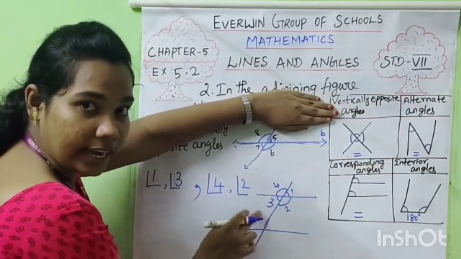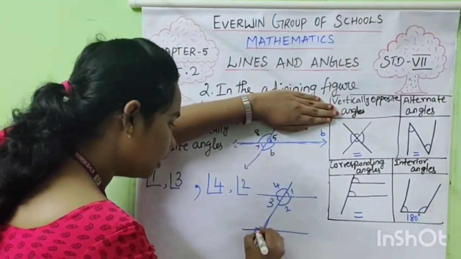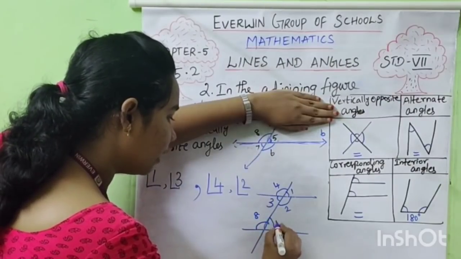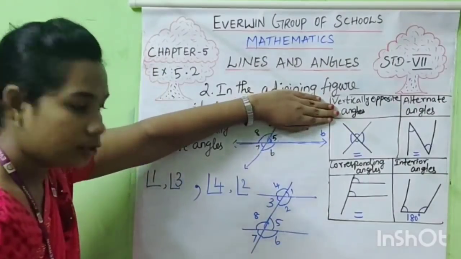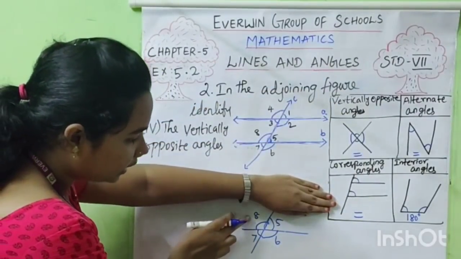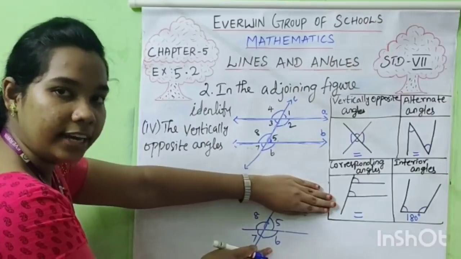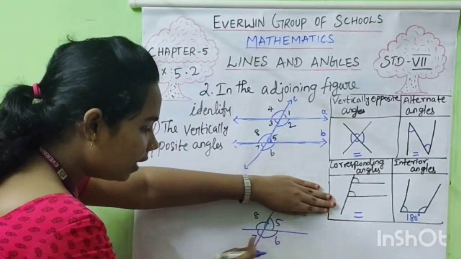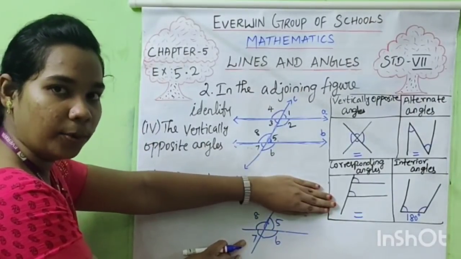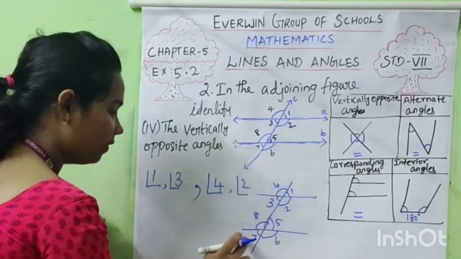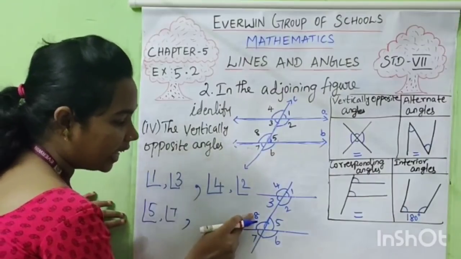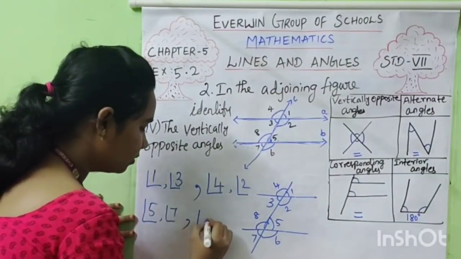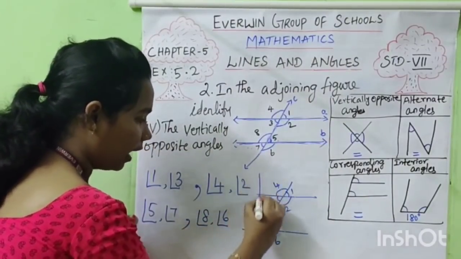It is looking like X, right? So what is there? 8, 5, 6, 7. So in this, if you take, 8 and 6 are vertically opposite angles, 5 and 7 are vertically opposite angles. So 5 and 7, and 8 and 6 are vertically opposite angles.